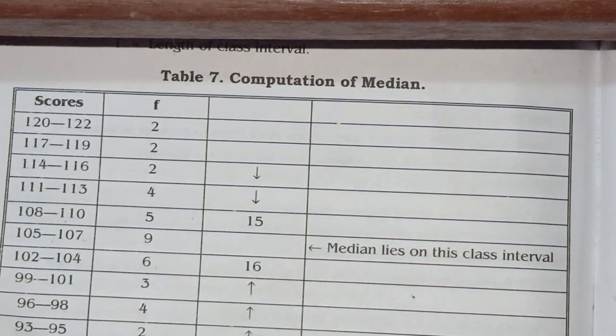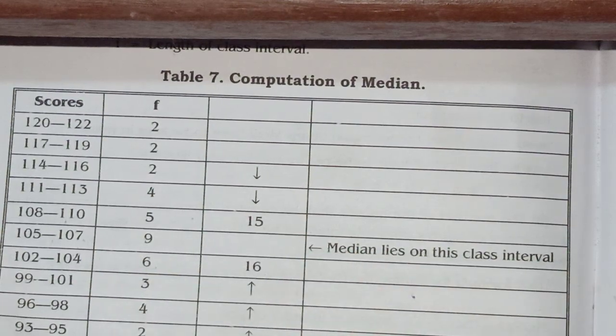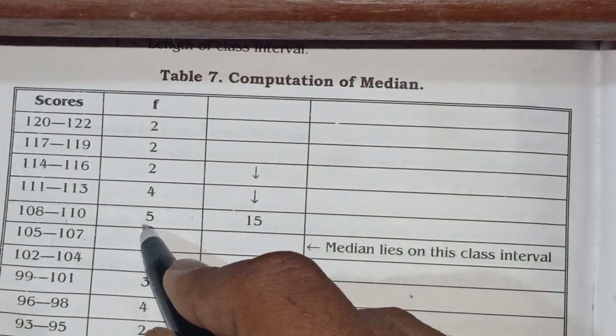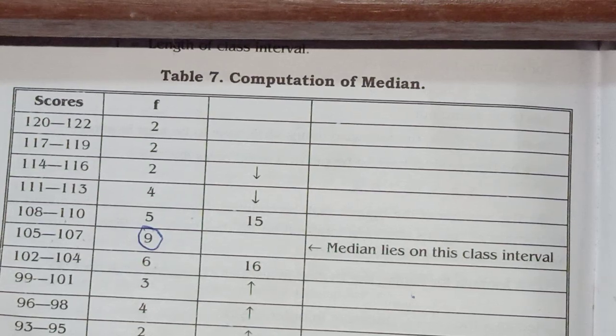So F is 16. What is fm? fm is 9. What is 9? The frequency of the median class interval. This is 9. Okay, take a screenshot, and after seeing the video, study the picture, then you will clearly understand.